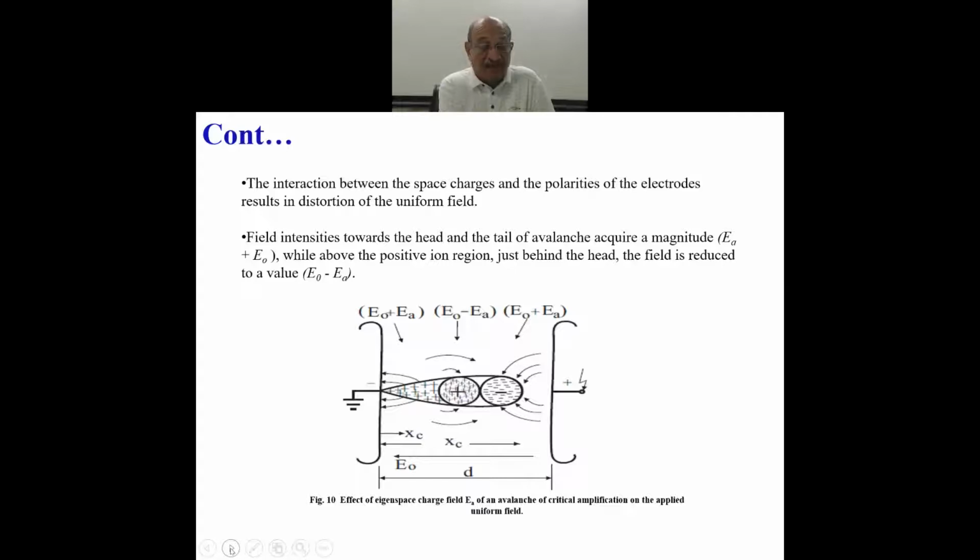Now, the field intensities towards the head and the tail of the avalanche. As you can see, this is the tail of the avalanche and this is the head. The field intensity at the head acquires a magnitude EA. The field intensity at the tail acquires a combined field intensity EA plus E naught.